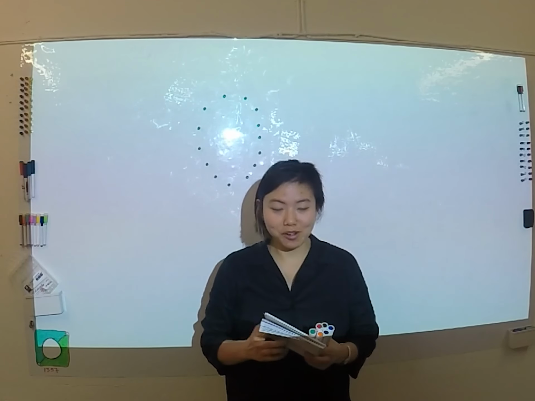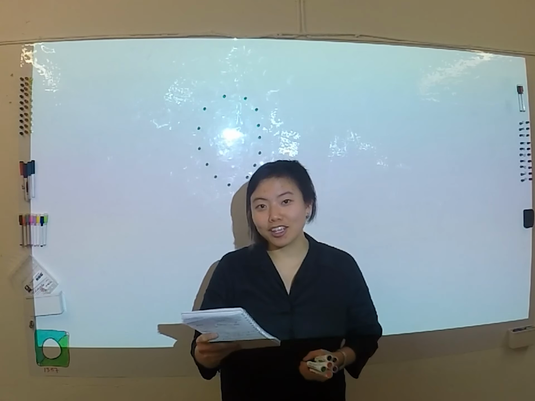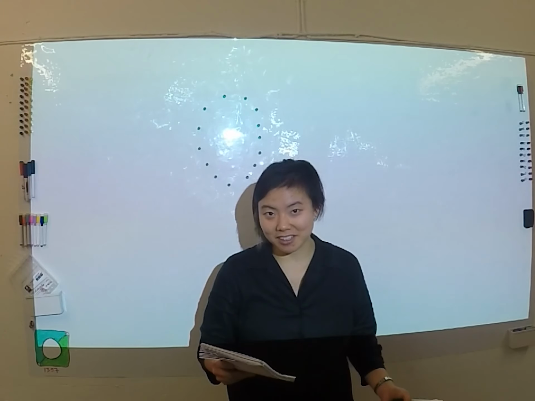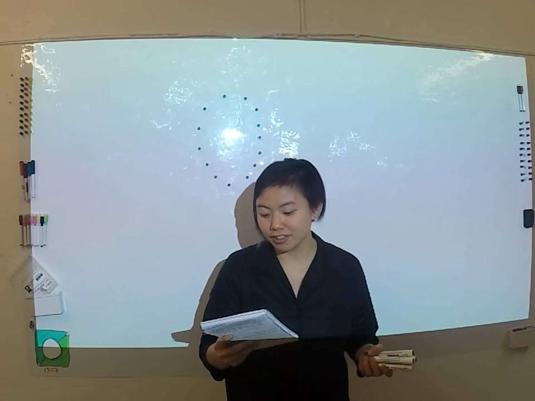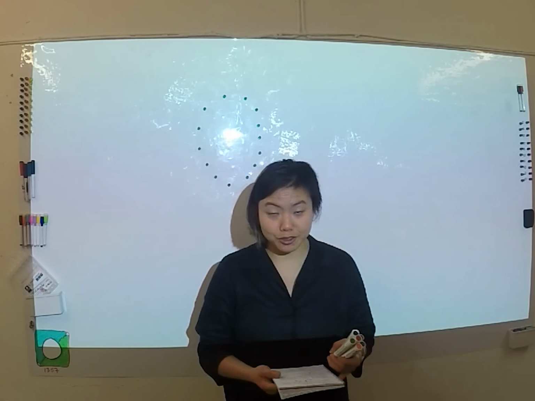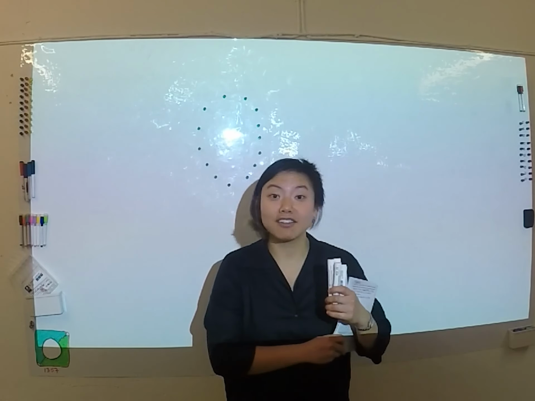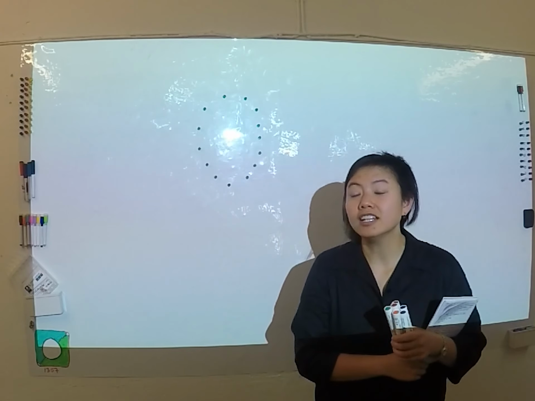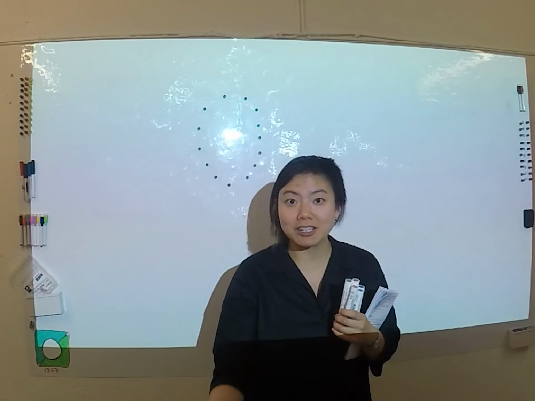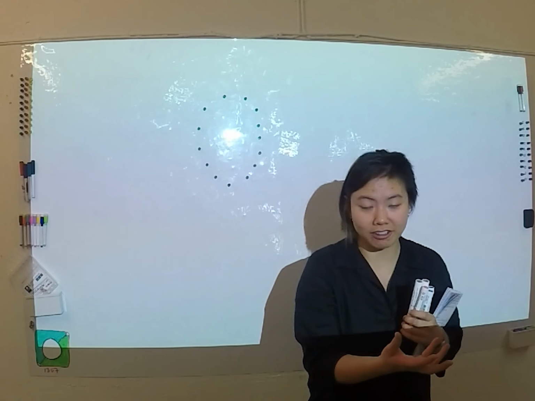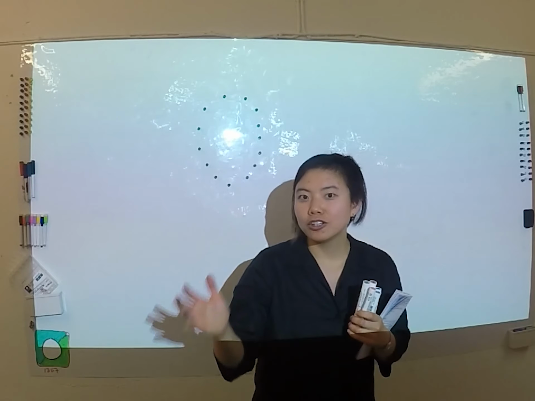Okay, so last time we were talking about major neurotransmitters, and I mentioned that a single neuron can release many kinds of neurotransmitters, okay? It doesn't have to be just one kind of chemical, and a single chemical can be used as both a neurotransmitter and a neuromodulator. Remember the difference?